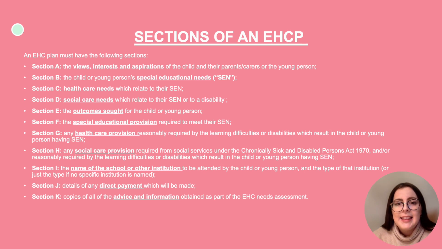Section I, the name of the school or other institution to be attended by the child or young person and the type of that institution. Section J, details of any direct payments which will be made. Section K, copies of all the evidence and information obtained as part of the EHCP needs assessment.